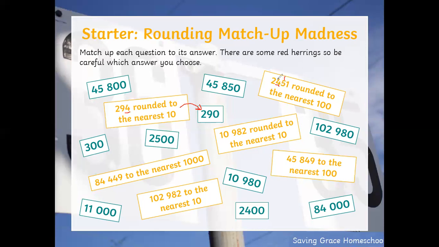Therefore, it will become 2,500. Let's spot the 2,500. Oh, here it is. That is your value. Let's go to the next one.